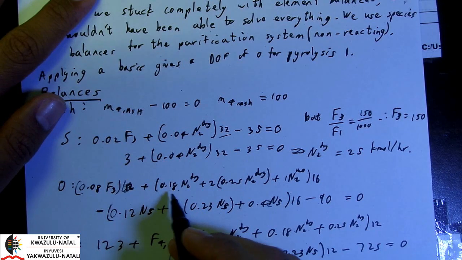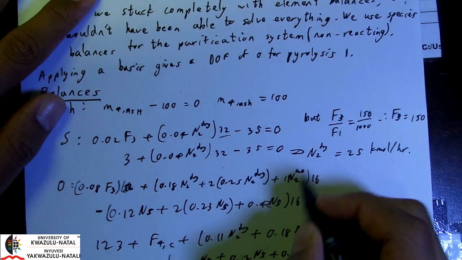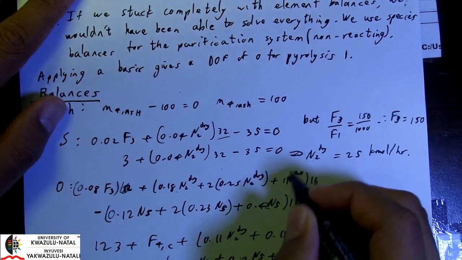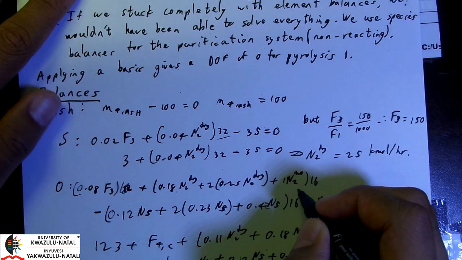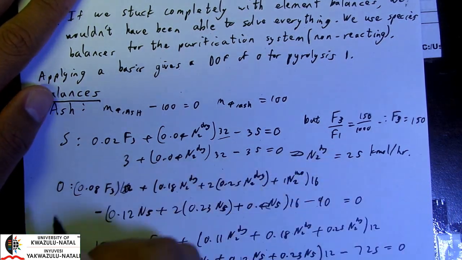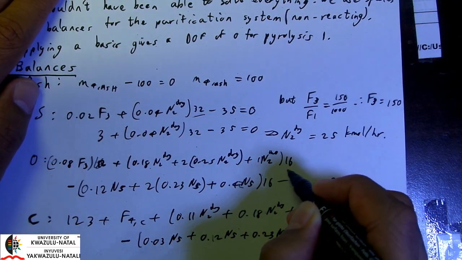So there's my 18%, there's 2 times 0.25, and also 1 multiplied by the molar flow rate of water in stream 2, which we currently don't know. Okay, and that's multiplied by 16, our molar mass of oxygen.